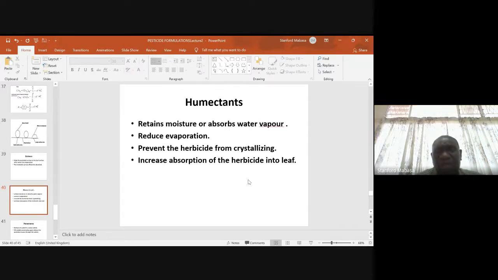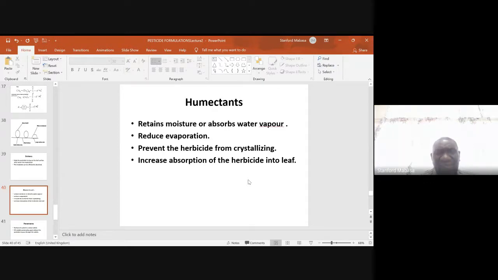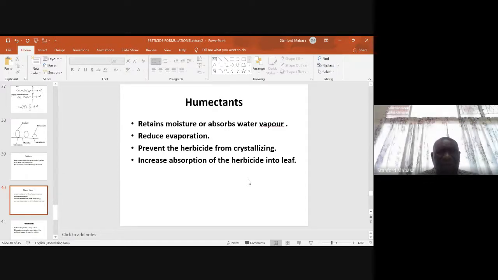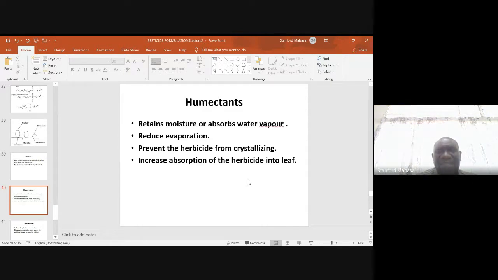We also have what are known as humectants. Usually, because our pesticide is delivered by water media, water can easily evaporate and leave the pesticide, and that pesticide residue may not penetrate the target.